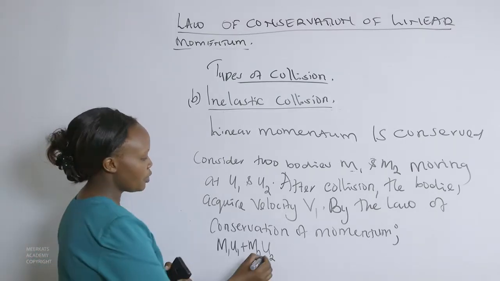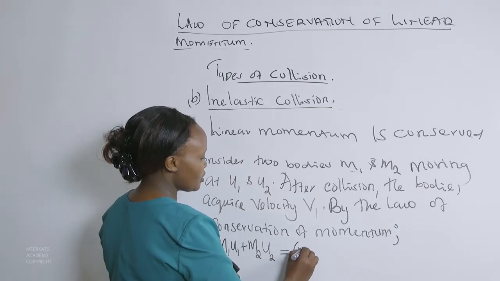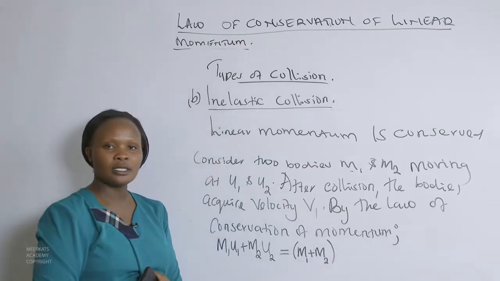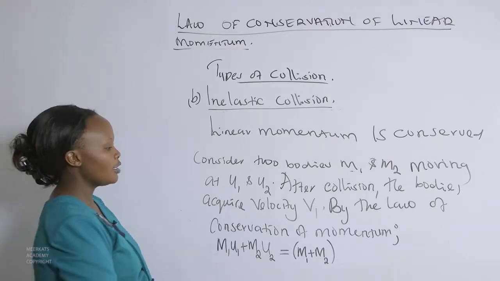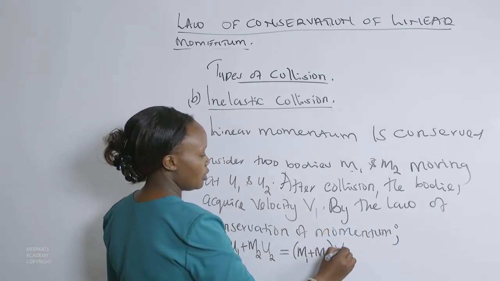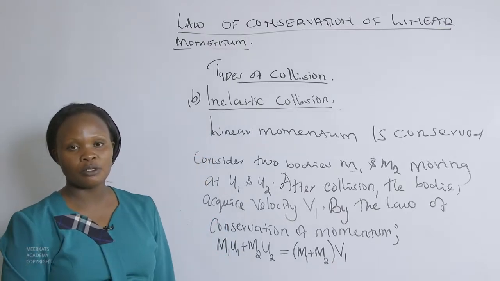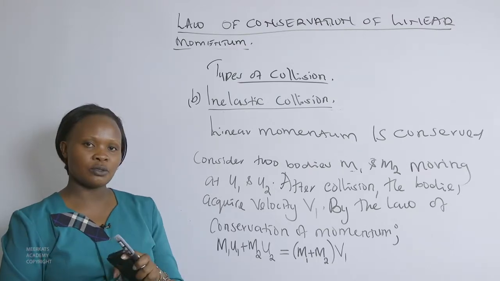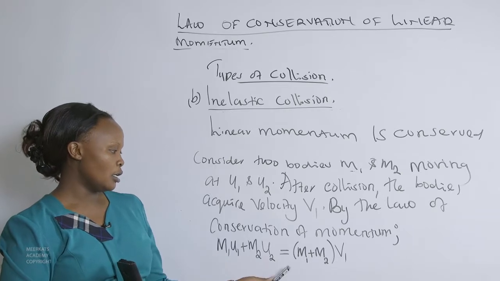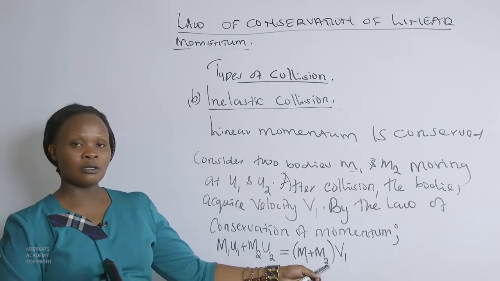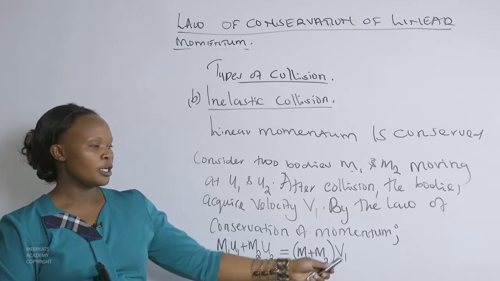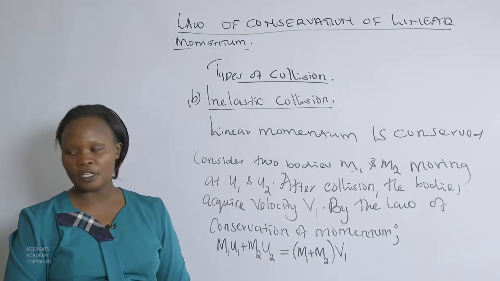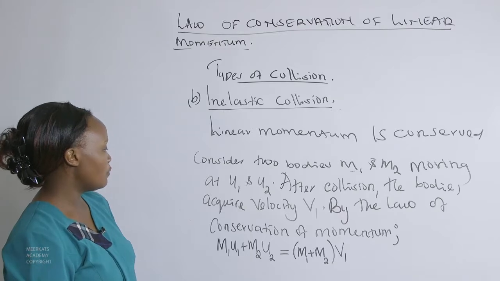After collision, the mass becomes m1 plus m2, and this we multiply by v1, which is the common velocity achieved. And that takes care of the two characteristics we have just looked at, where the final mass is the sum total of the two, and they end up with a common velocity, which we have called v1.